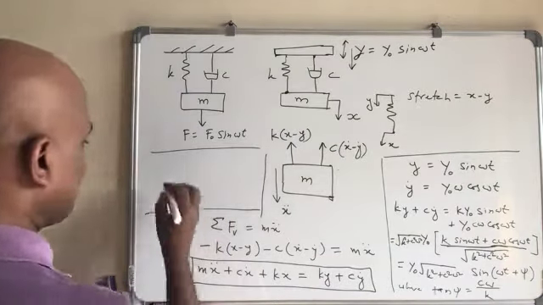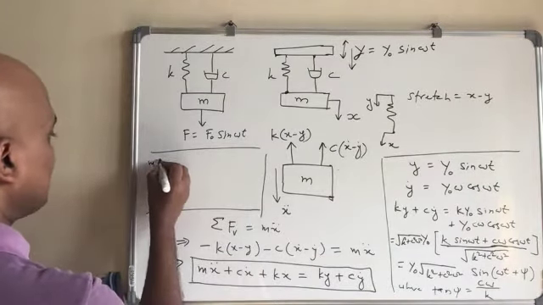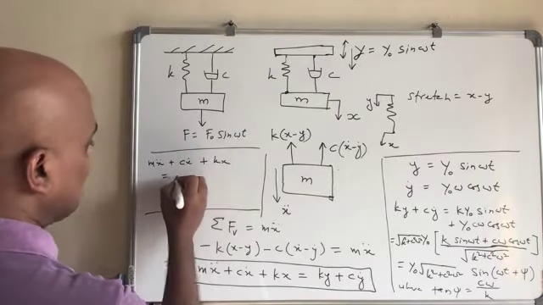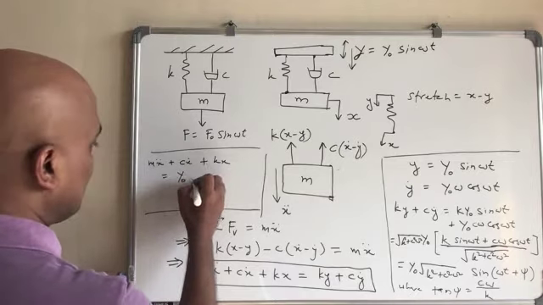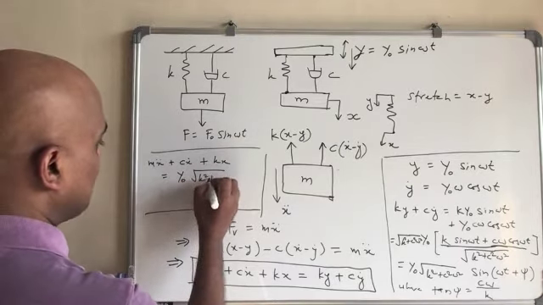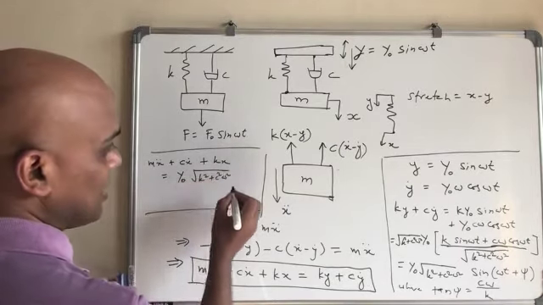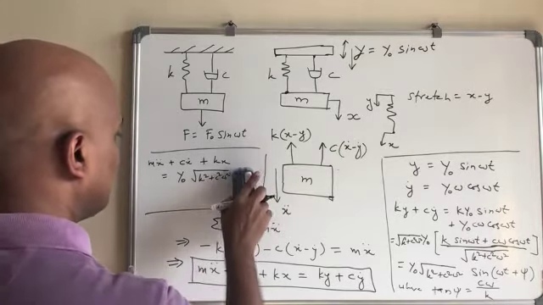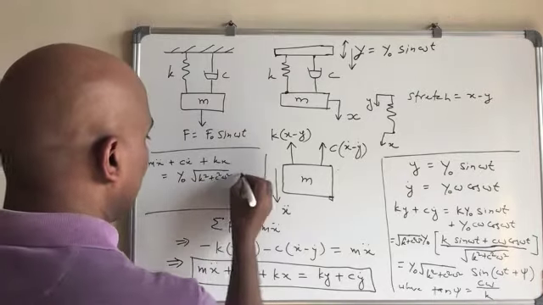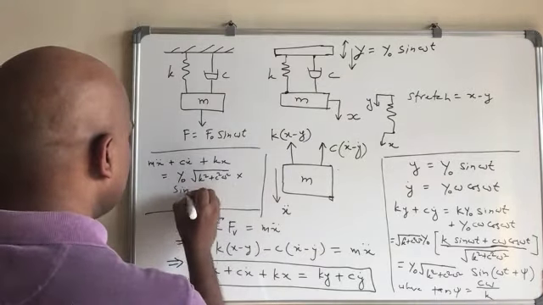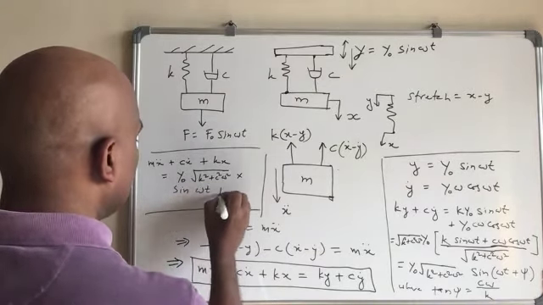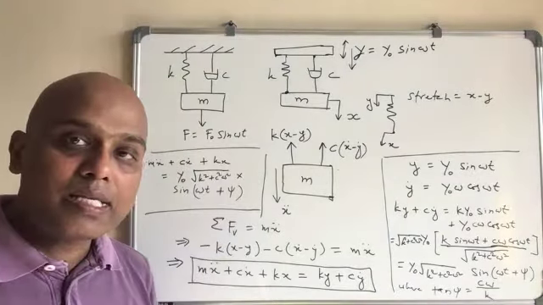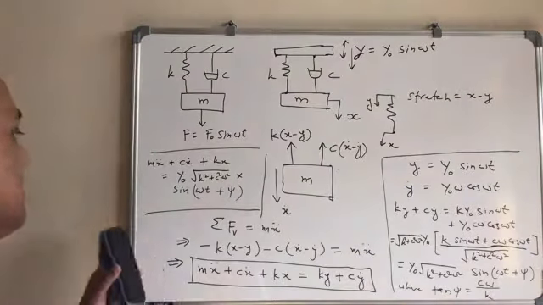So basically, the same equation we write here: mx double dot plus cx dot plus kx equals y naught root k square plus c square omega square, multiplied by sine omega t plus psi, where tan psi is given by c omega over k.